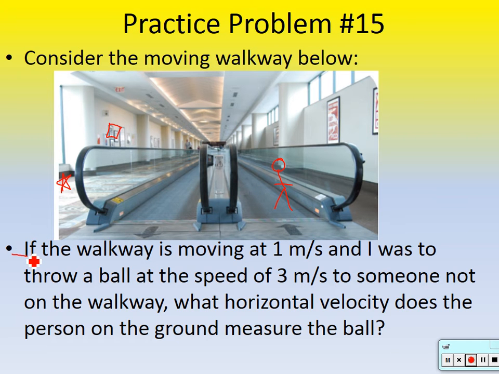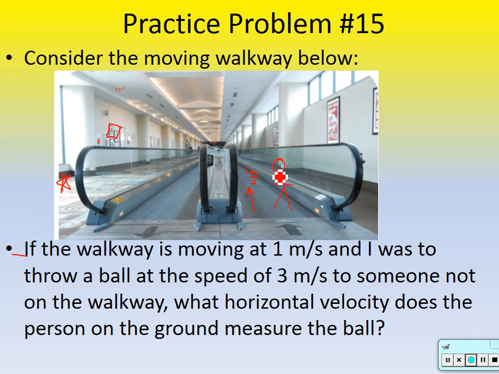Okay. So if the walkway is moving at 1 meter per second, so this is already going 1 meter per second, and I was to throw a ball at the speed of 3 meters per second to someone who is not on the walkway, what horizontal velocity does the person on the ground measure the ball? Okay, let's draw a picture.